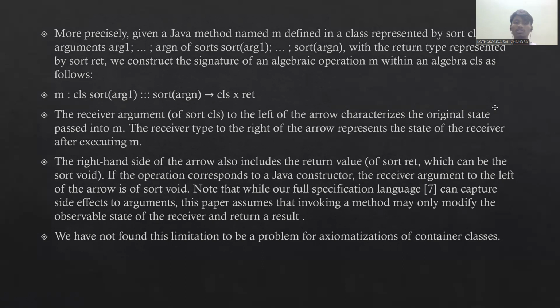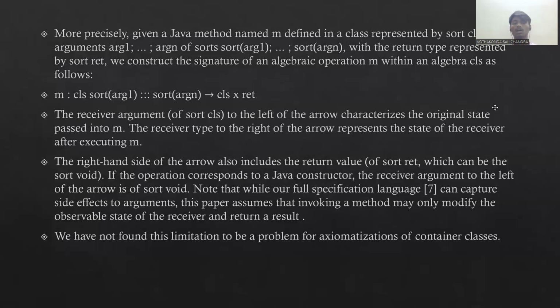We construct the signature of an algebraic operation m within the algebra CLS as follows: m: CLS x sort argument 1 up to sort argument n tends to CLS x return. Here RET is the keyword used for the return.